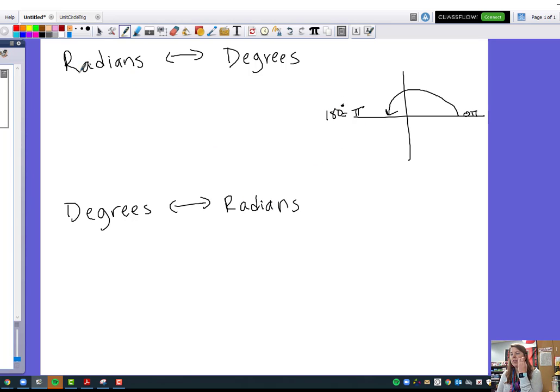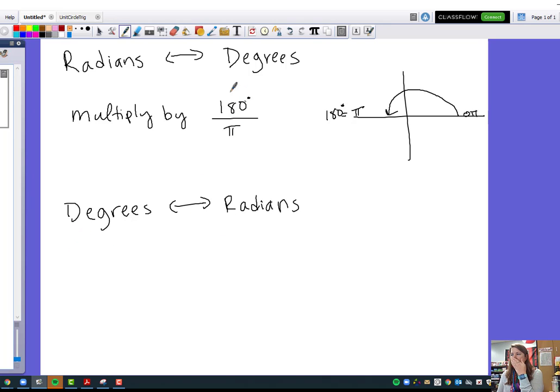When we're going from radians to degrees, that's when the degree is in the numerator, so I'm going to multiply by 180 over pi. Radian angle measure to degree angle measure would be 180 over pi.